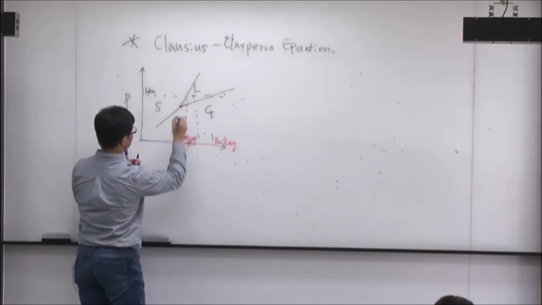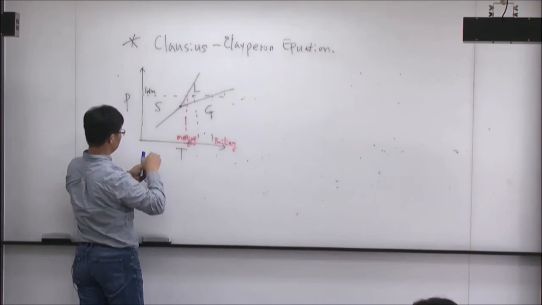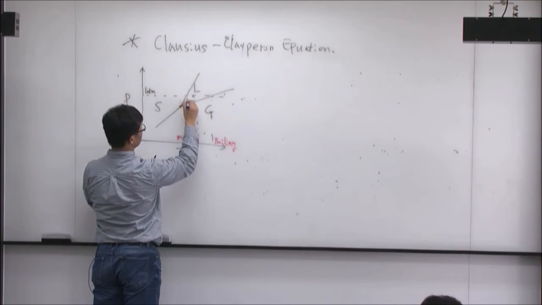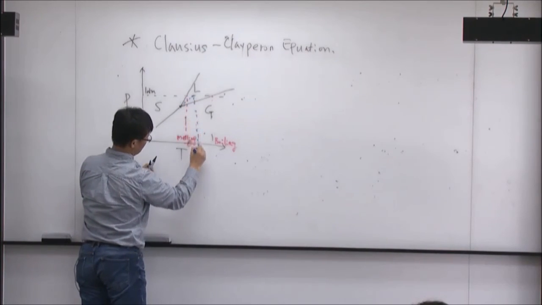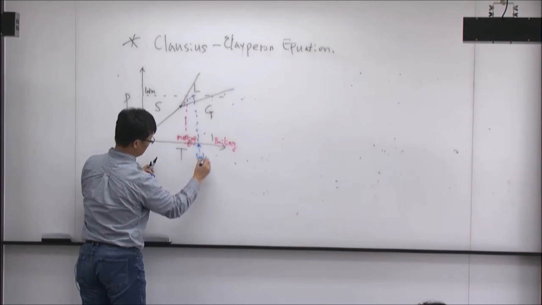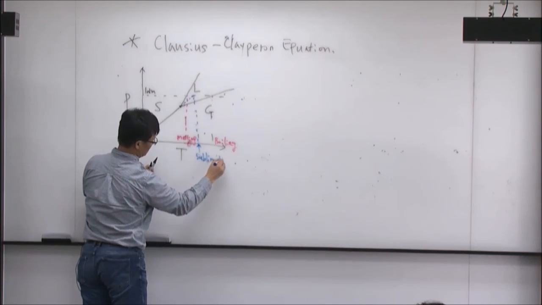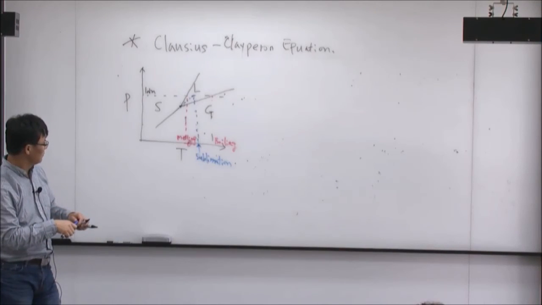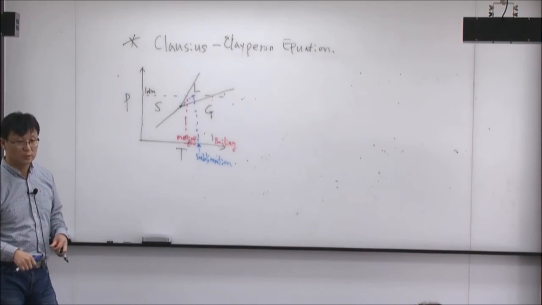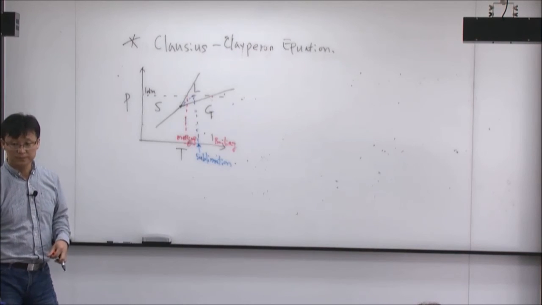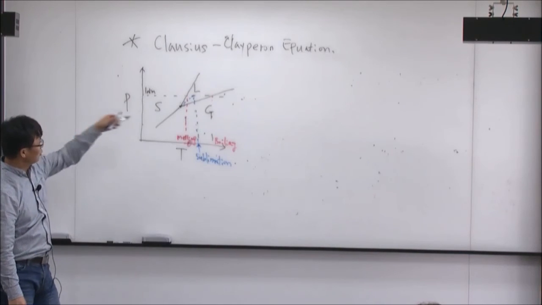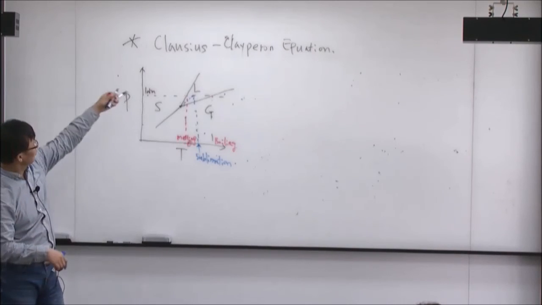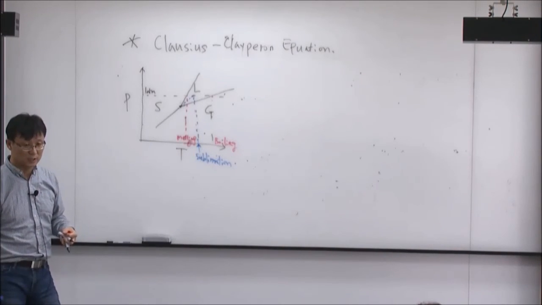And here, if I extend this one, the solid-gas boundary, this one here is the sublimation temperature. Yeah? Solid becomes gas phase directly. So how can you draw this kind of diagram, the solid, liquid, gas boundary? That's from the Clausius-Clapeyron equation.